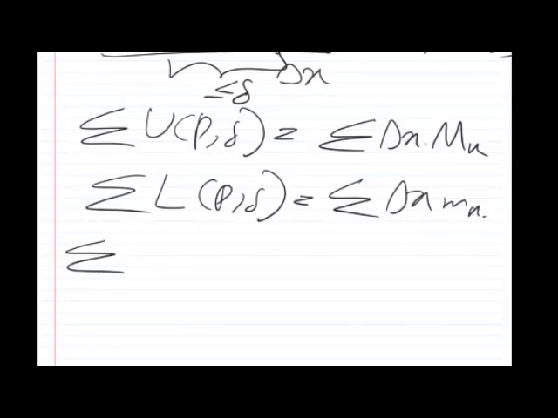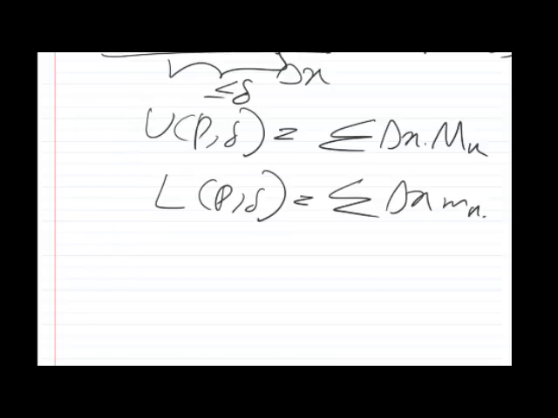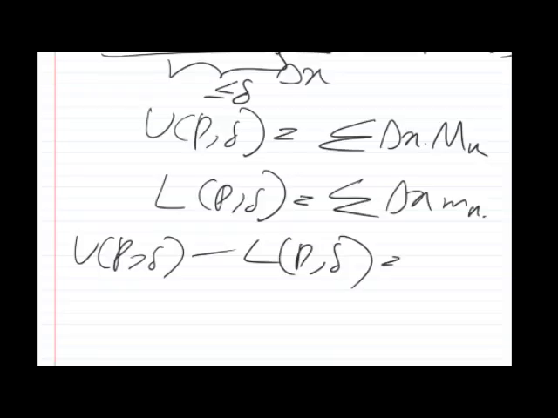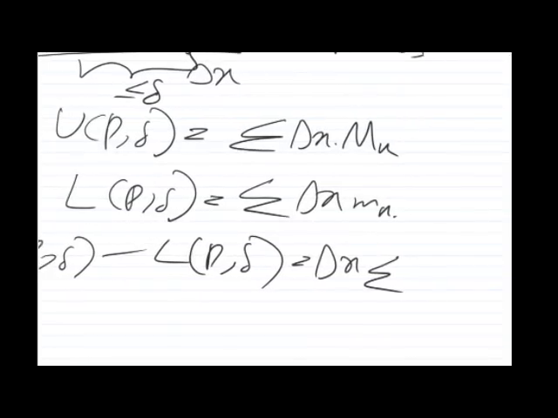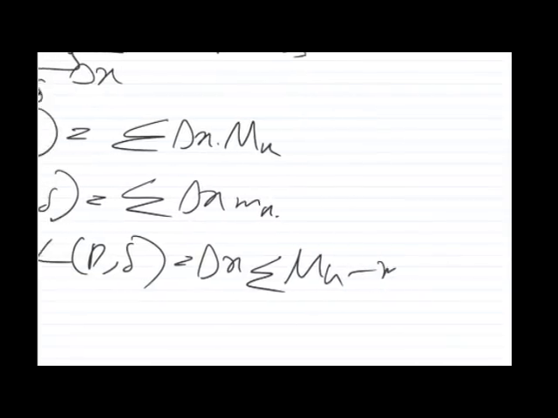Sorry, this sigma sign is not here. When we write upper sum minus lower sum, we can take this delta x out and sum up Mk minus mk.